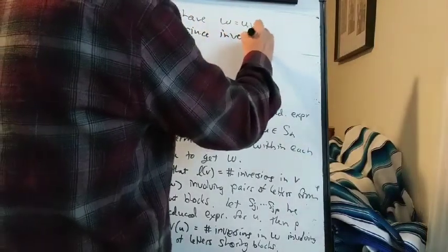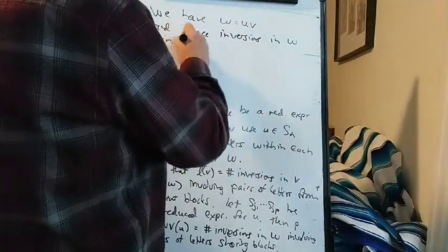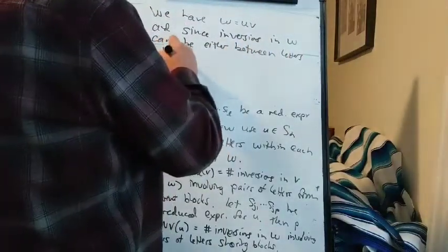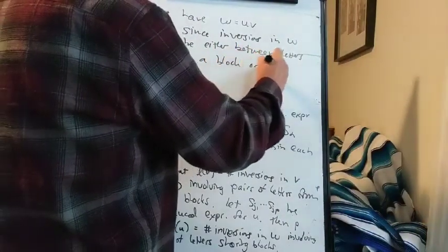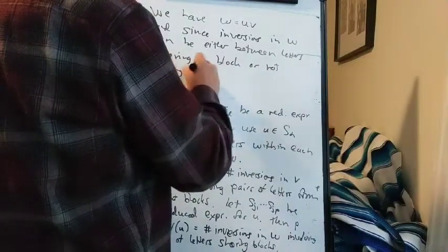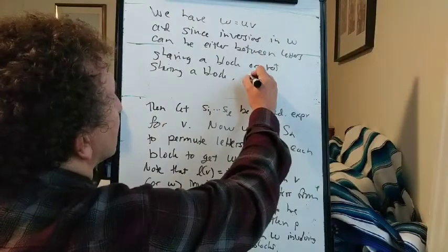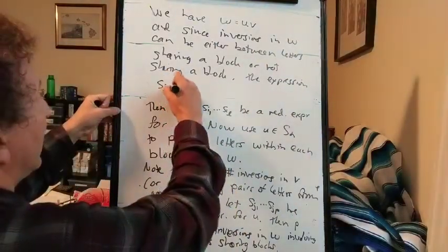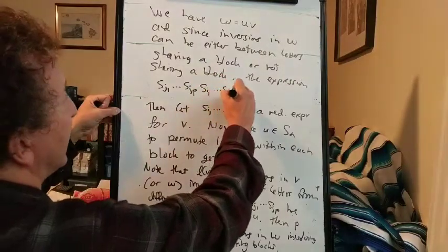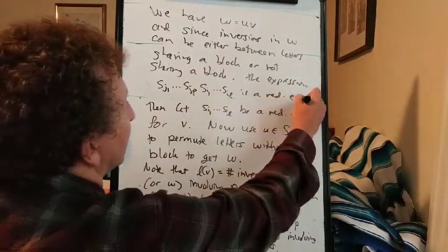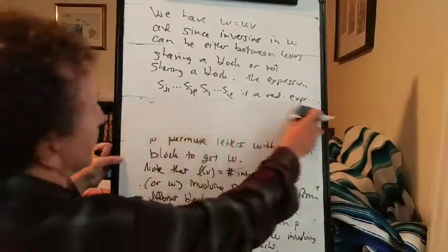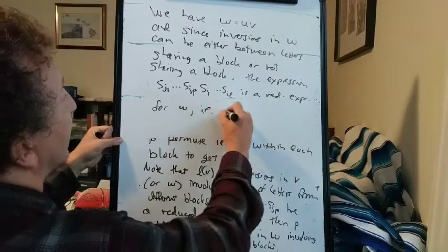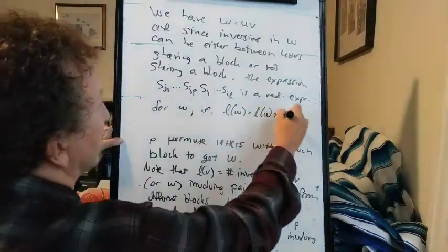And since inversions in W can be either between letters sharing a block or not sharing a block, the expression S_j1 through S_jp, S_i1 through S_il is a reduced expression for W. That is, length of W equals length of U plus length of V.